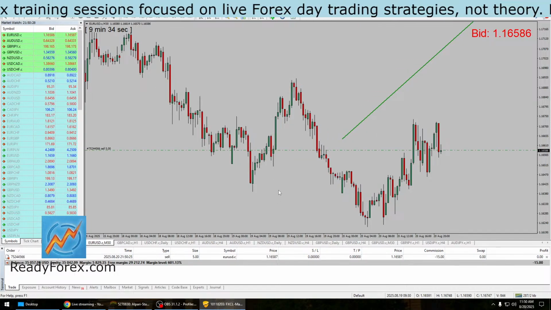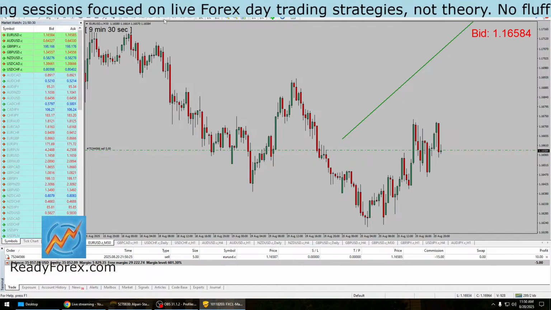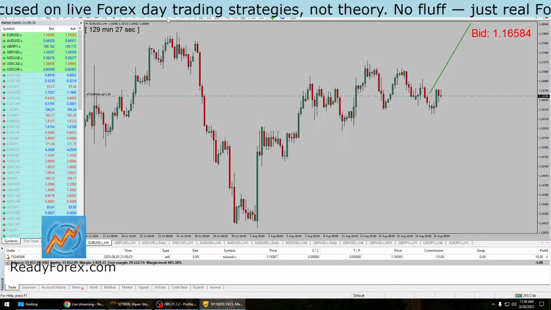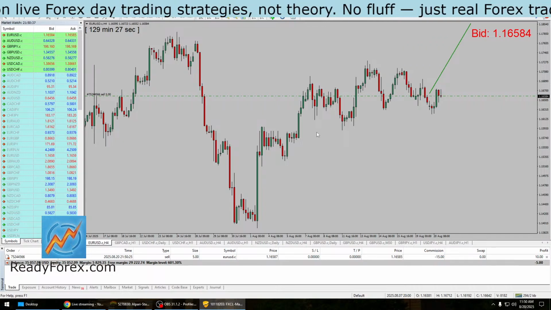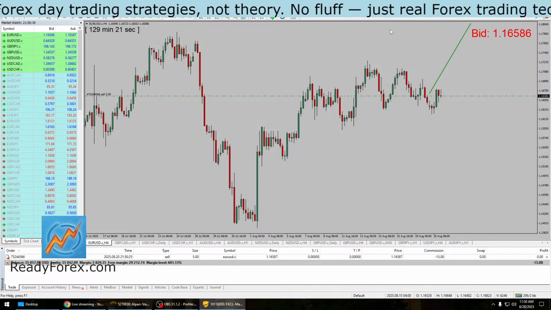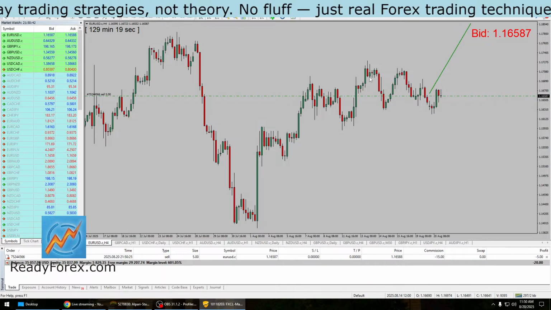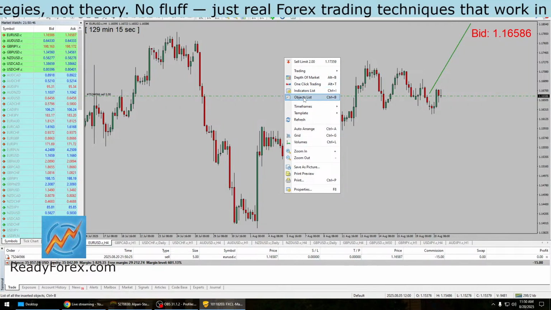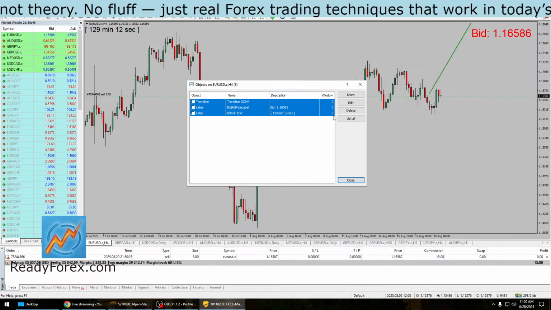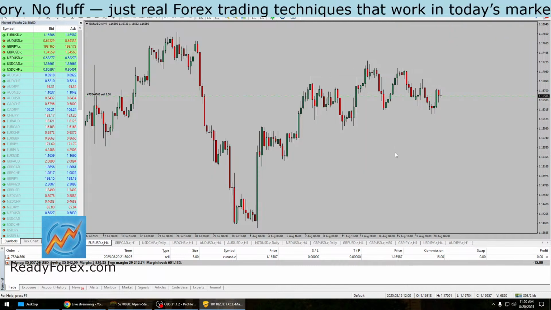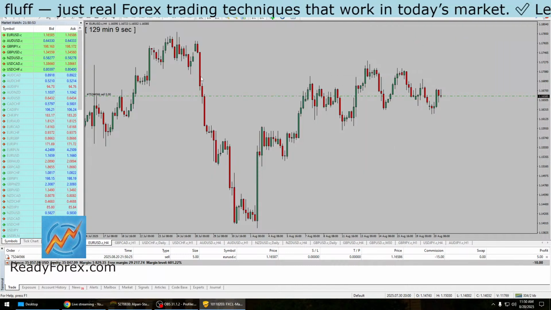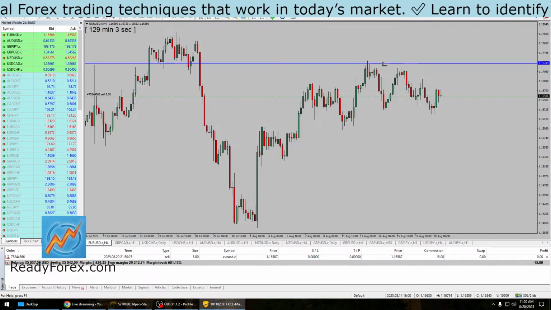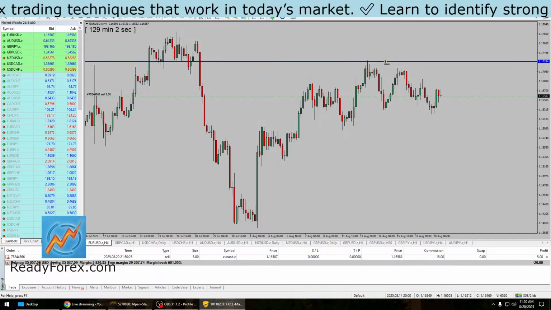Sell, and how far the stop loss is going to be. The stop loss is going to be above the swing high somewhere up over here. Here's the high.